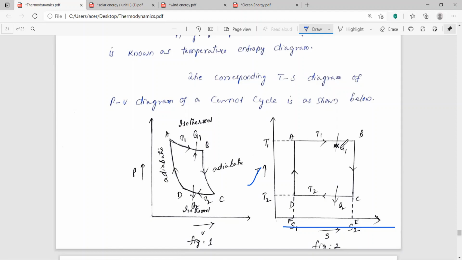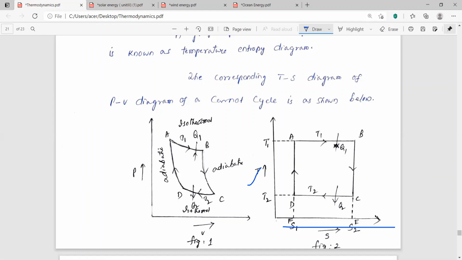If you show the Carnot cycle, which is in the PV diagram, in terms of the TS diagram, it can be shown like this. The Carnot cycle in the PV diagram is shown with curves like this.